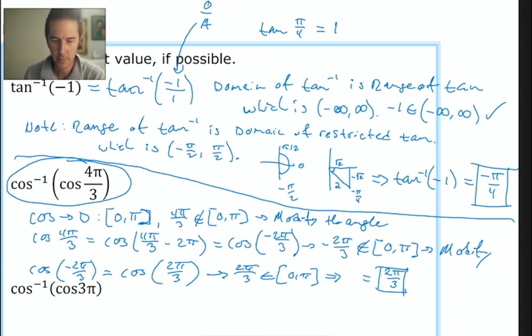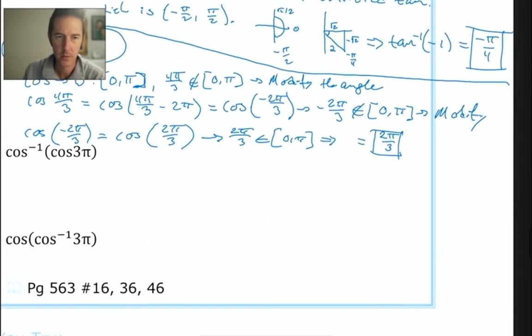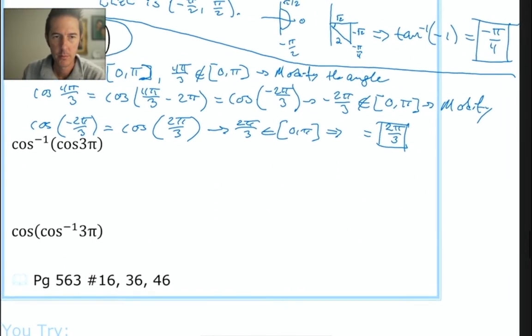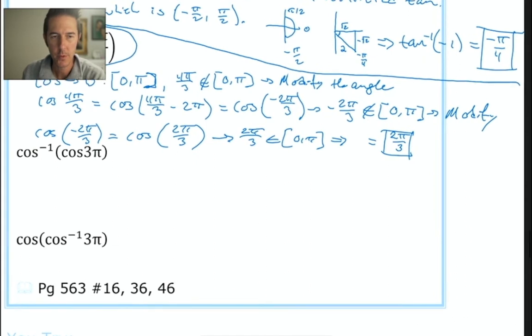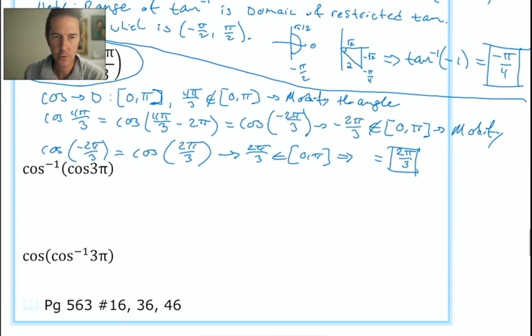All right, let's do this next one a bit faster. We know that 3π is not in the domain of the original cosine function.